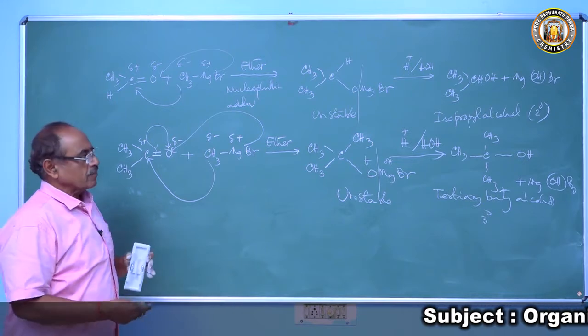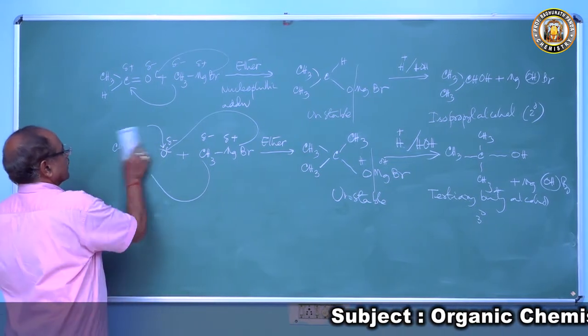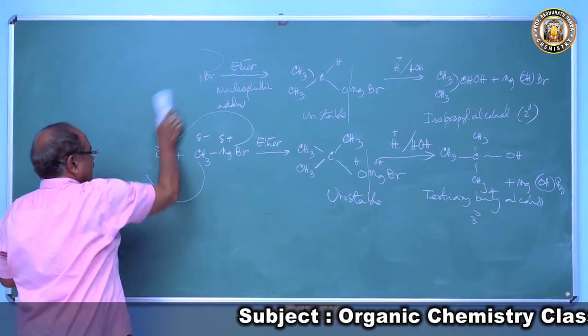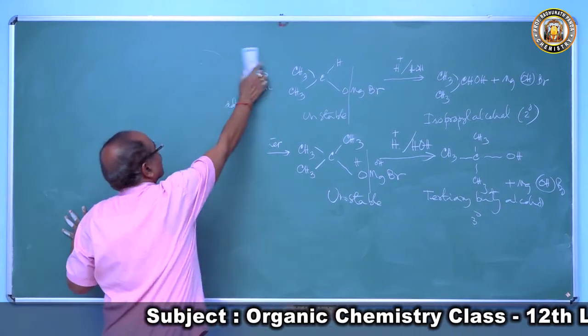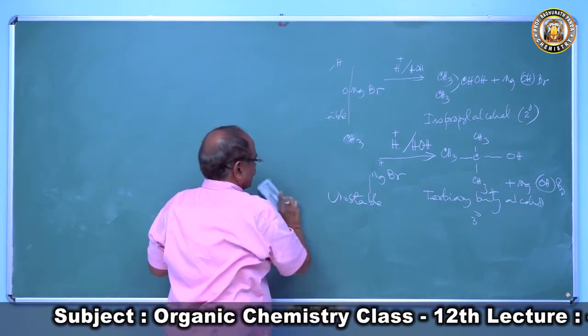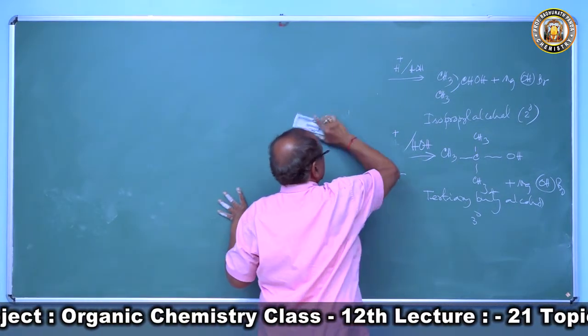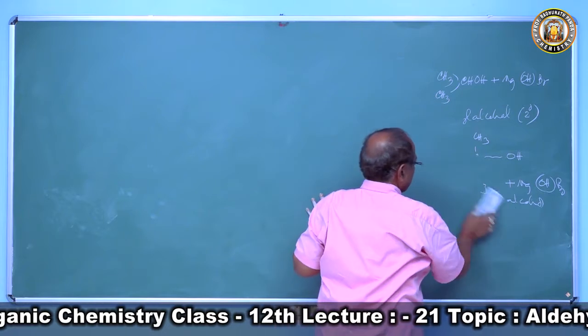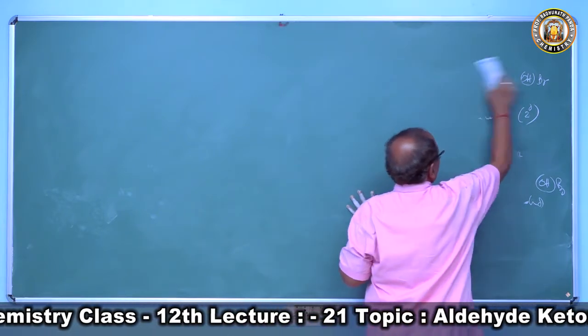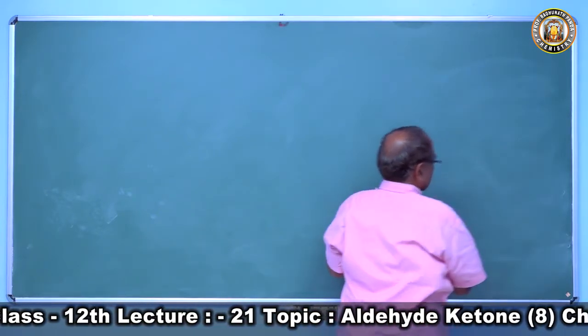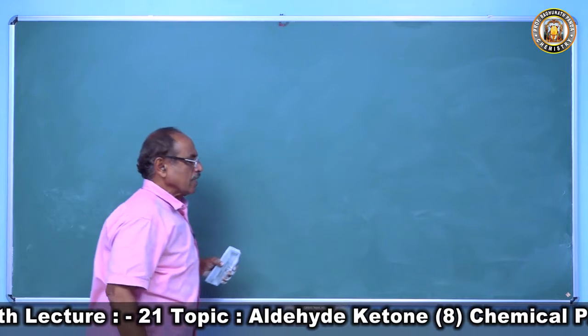After finishing the chemical properties, we will take some conversions in which carbonyl compounds are involved. We have taken the elimination reaction, and we have completed the addition reaction. Now we will come to reduction reaction.